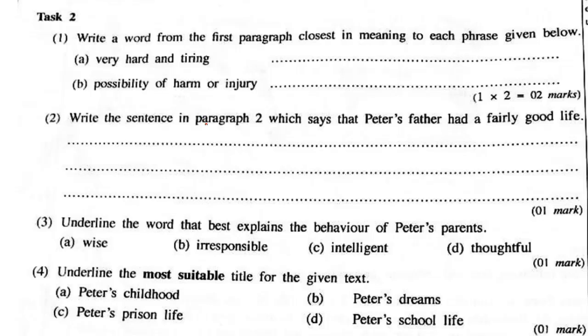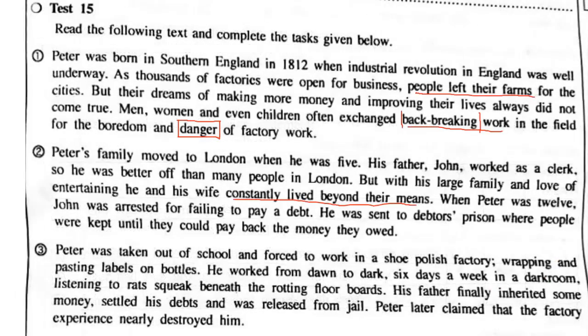Write the sentence in paragraph 2, which says Peter's father had a fairly good life. So when you speak about Peter's father in paragraph 2, there is a sentence that says that. This is your second paragraph, my dear children. Now they speak about his father. Look at this.